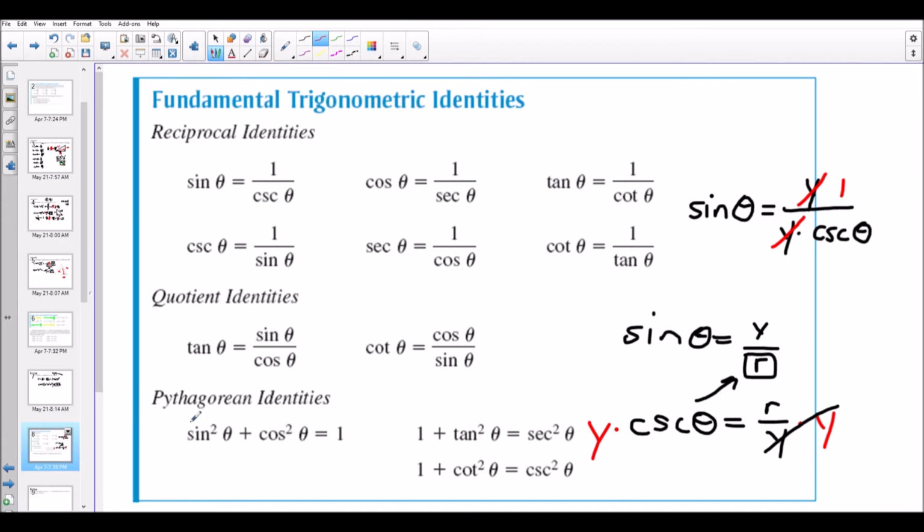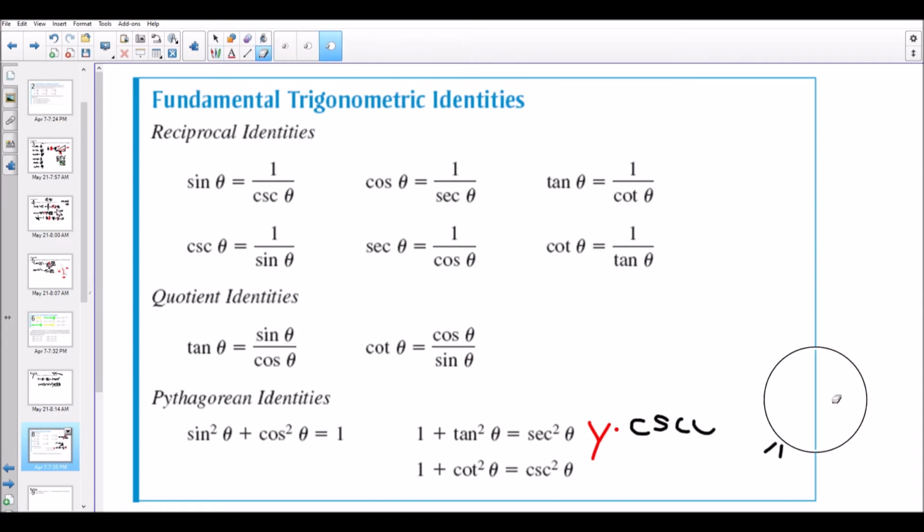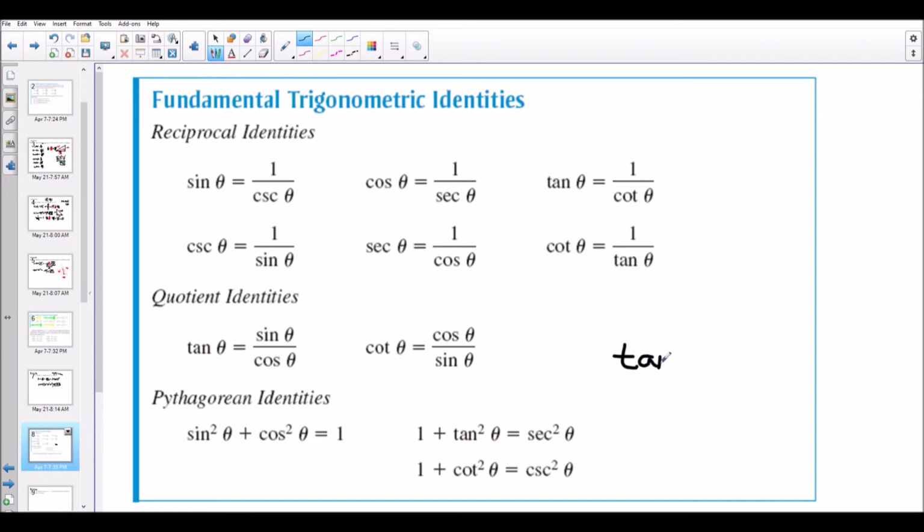Now, the quotient identities and the Pythagorean identities are more relationships that we can relate these to based on other experiences in the past. The tangent and cotangent identities lie entirely in the fact that the tangent of your angle is equal to the y over your x.